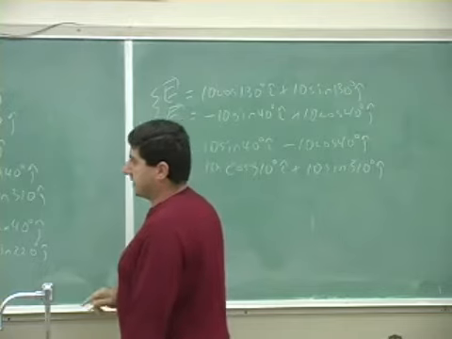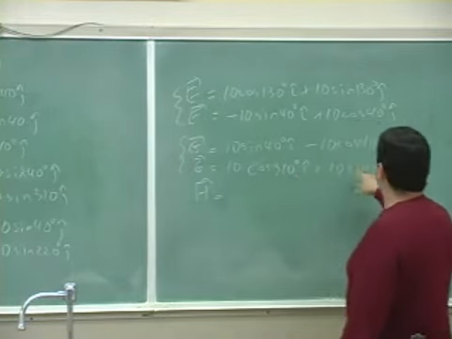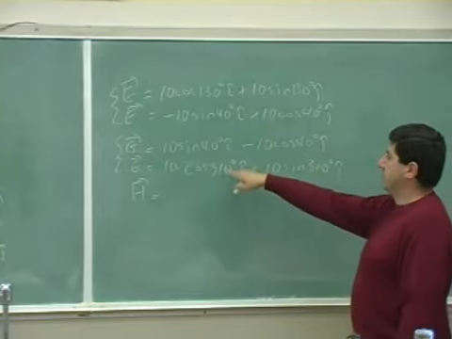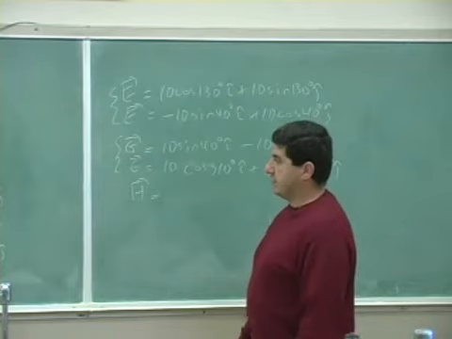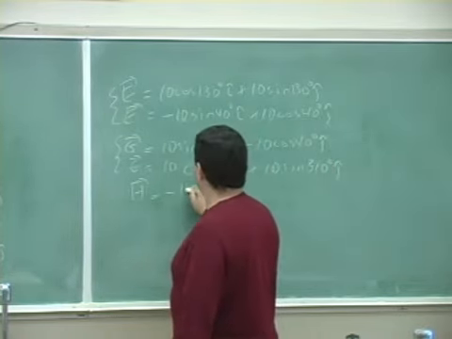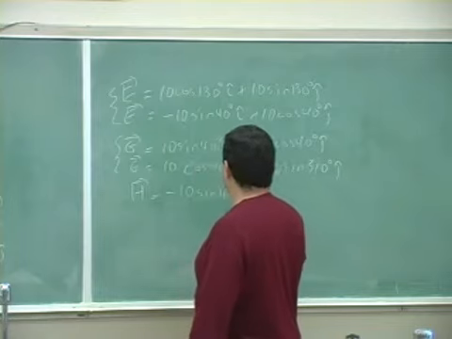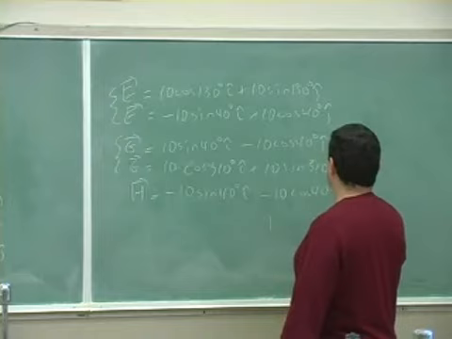And then again, the last one, H. For beginners, use probably this one. And then H will be negative 10 sine 40 i hat, negative 10 cos 40 j hat.